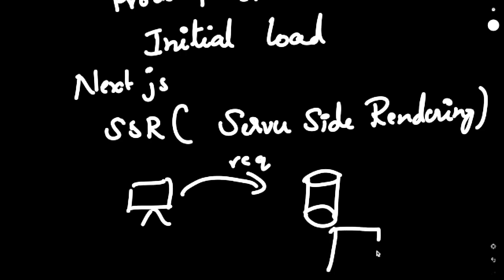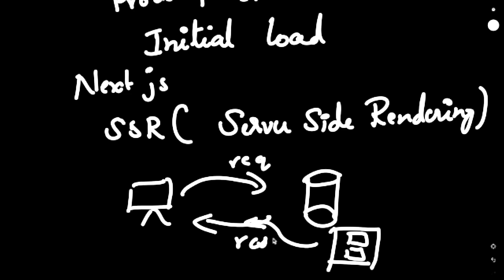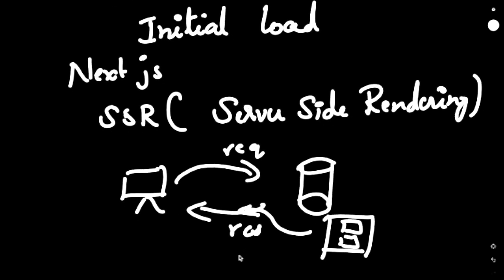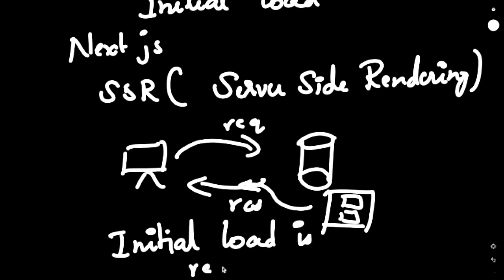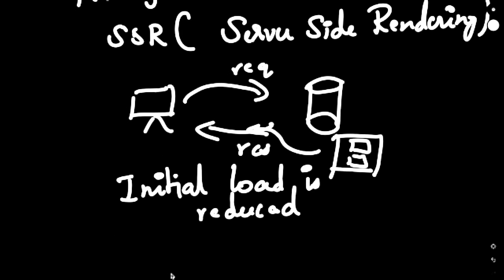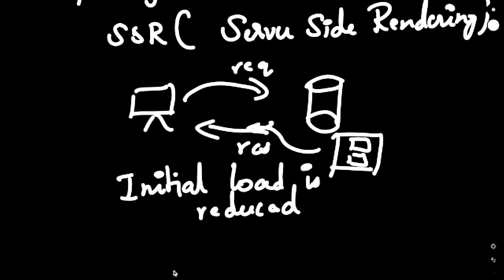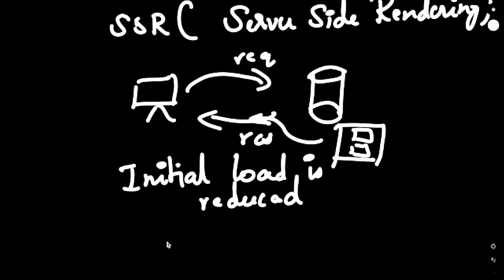In server-side rendering, the response from the server had a built-in web page and JavaScript as its response, which actually reduced the initial load to a large extent. The rest of the functionality remains the same with Next.js.